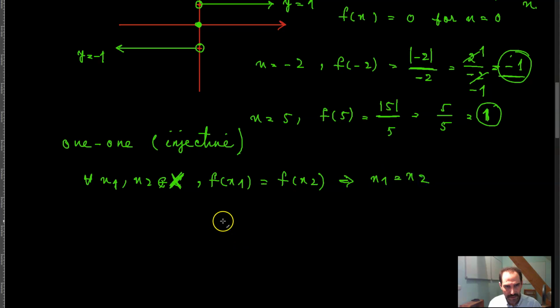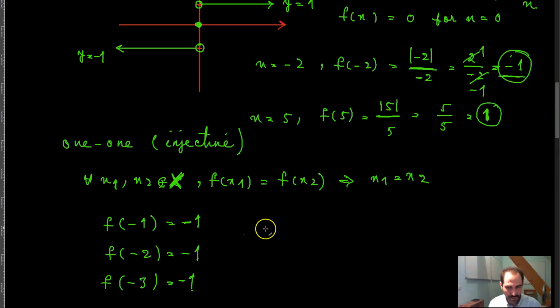But that's not the case, because for example f of negative 1 is equal to negative 1, and also f of negative 2 is equal to negative 1, and also f of negative 3 is equal to negative 1, and so on and so forth.